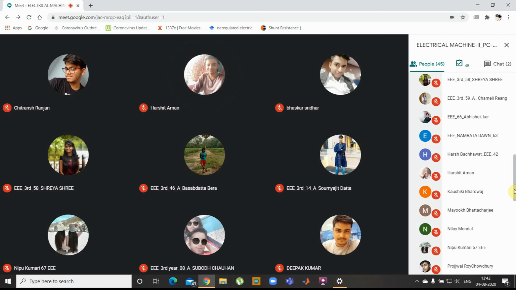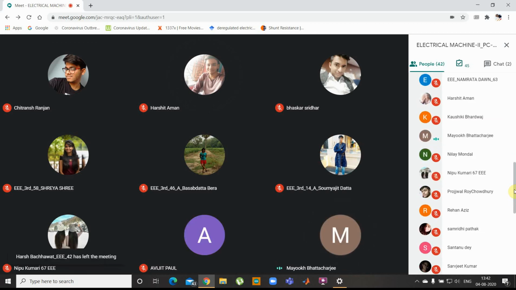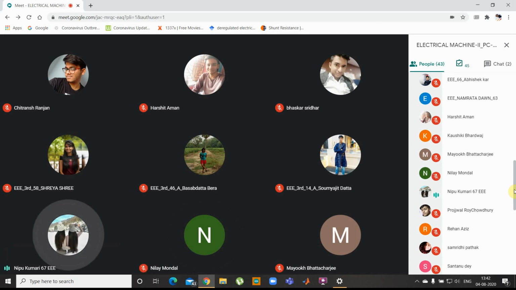Moyuk Bhattacharya, 36. Niloy Mondol, 65. Nipu Kumari, 67. Prajjwal Roy Chowdhury, 64.